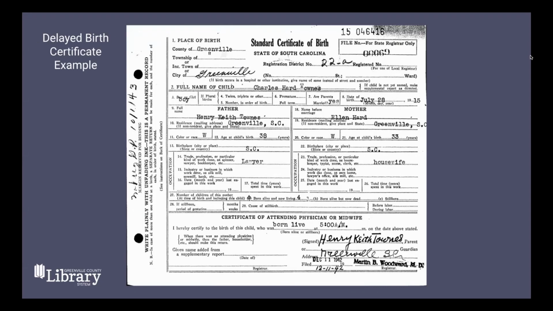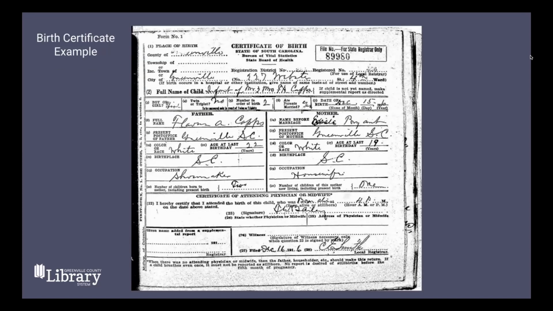Okay, so let me go back. The first one that we're going to look at today is a birth certificate example. I just wanted to point out a few things that you can see on this birth certificate, types of information that you can gather from a birth certificate.